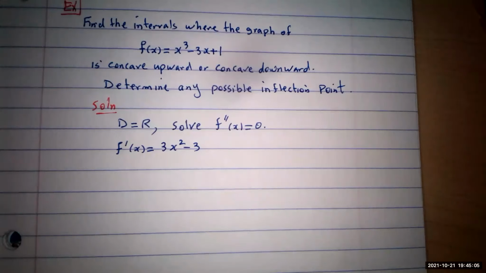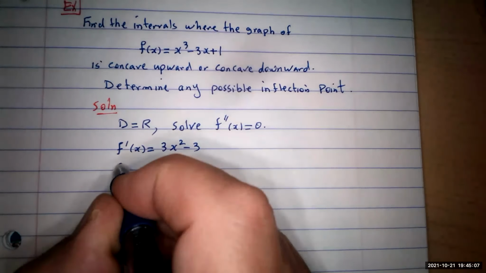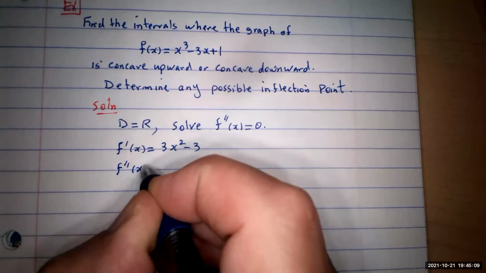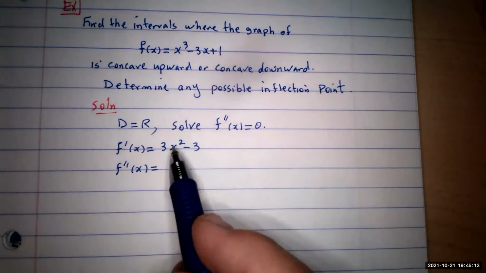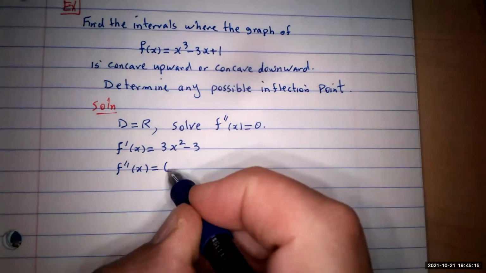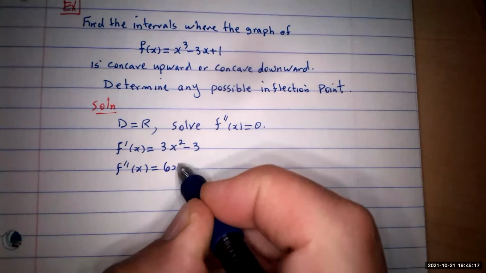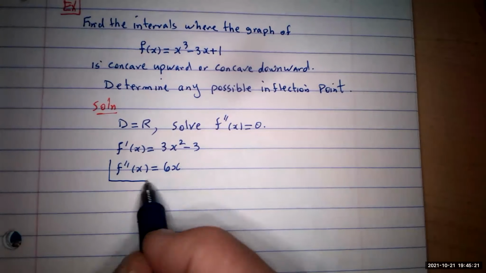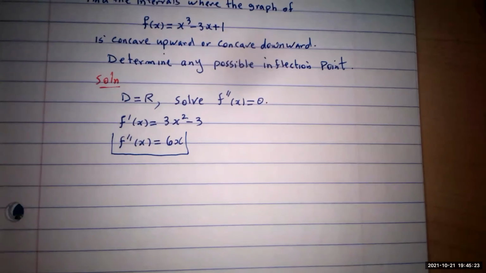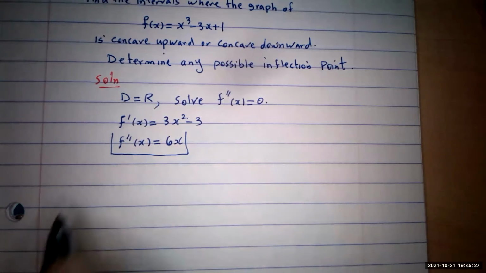You continue to f double prime. You differentiate it again: 2 times 3 is 6, so 6x. This is what you need, f double prime of x. You let it equal 0 to get the possible inflection points.